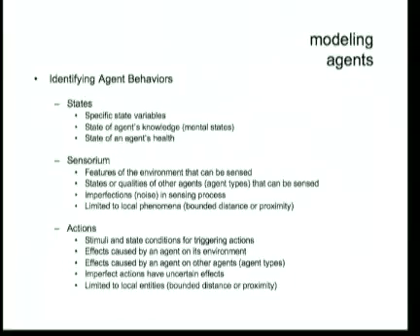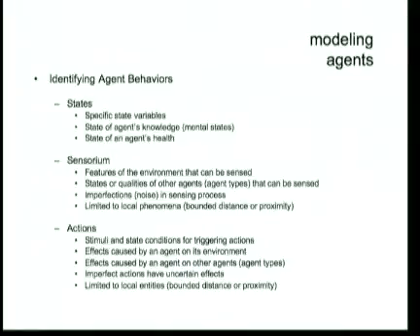Finally, you have to determine the action space of the agents. Identify the kinds of effects caused by an agent and the stimuli or state conditions that will trigger those actions and effects, both on the environment and, again, effects on other agents or agent types.